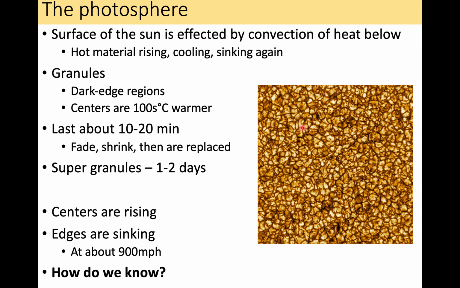The cool material is going to be sinking down. However, we can also measure this using the Doppler effect. So we're actually able to see the red and blue shifts on the surface of the sun that show us that we have motion towards the Earth and motion away from the Earth, all very close together on the surface of the sun.